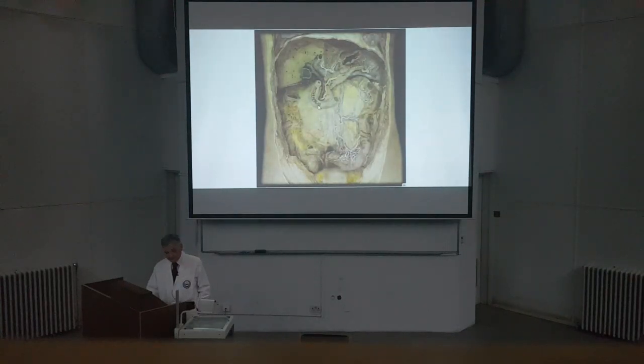Into the duodenum, we are going to receive bile from the common bile duct and pancreatic secretion through the pancreatic duct, which are going to open into what is called major duodenal papilla.